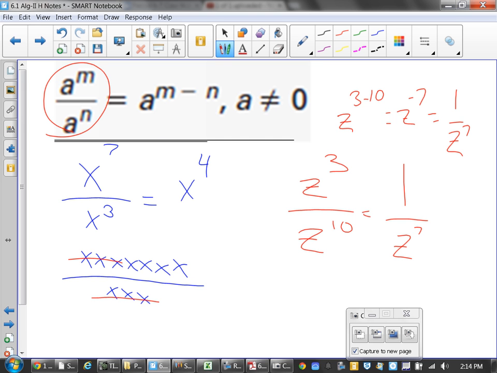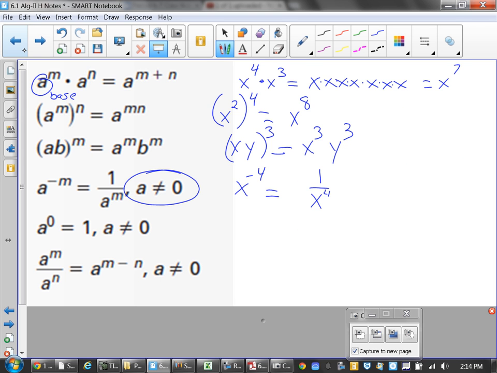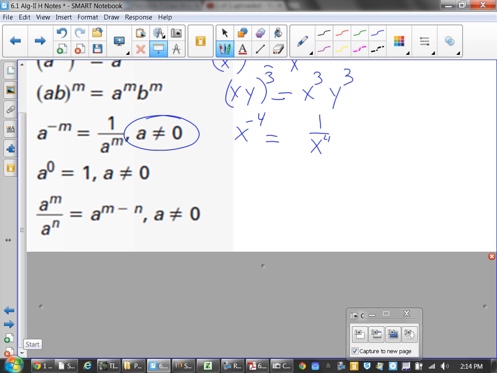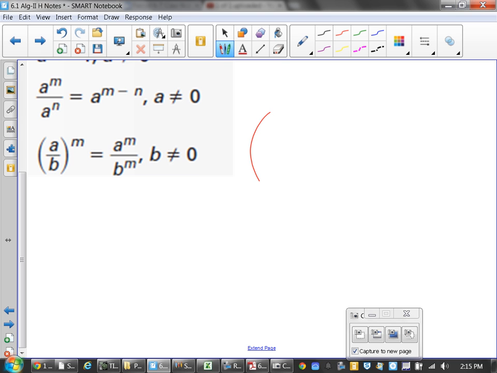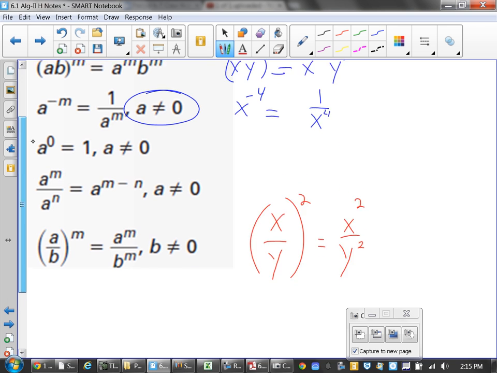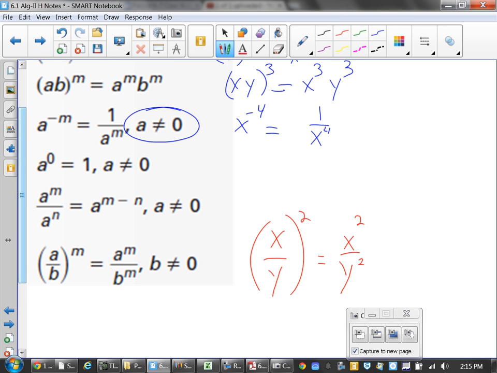And then the last property that was in here works with fractions raised to exponents. Whenever you have a fractional amount raised to an exponent, let's say x over y squared, once again you are distributing that exponent to both the numerator and the denominator. Can b equal 0?